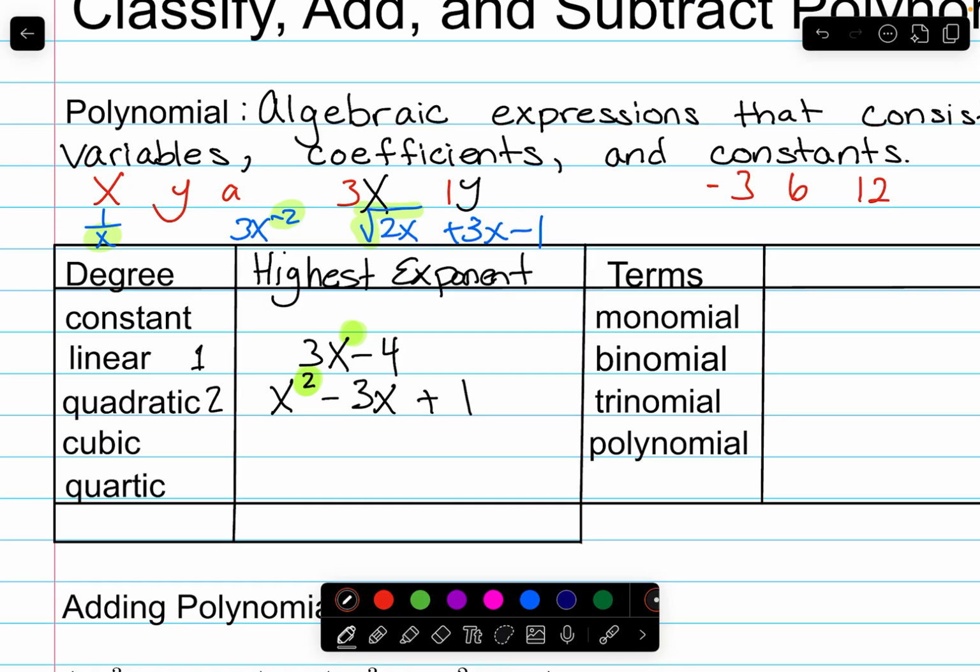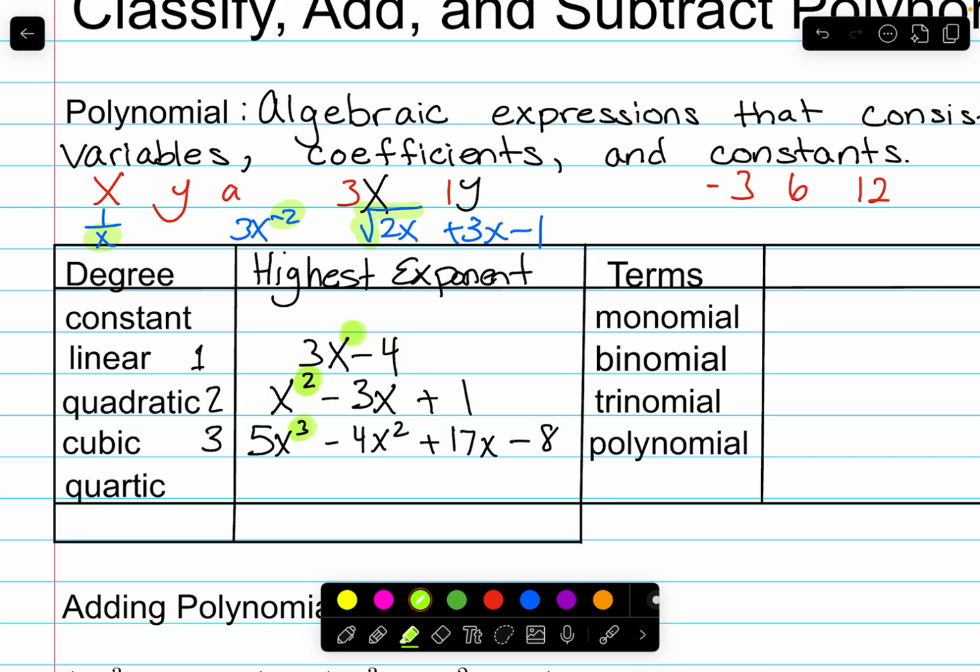Next, if you look at the pattern, the highest exponent is 3. That's called a cubic. So I can give you something like 5x to the 3rd power minus 4x squared plus 17x minus 8. That is a cubic because the highest exponent here is 3.